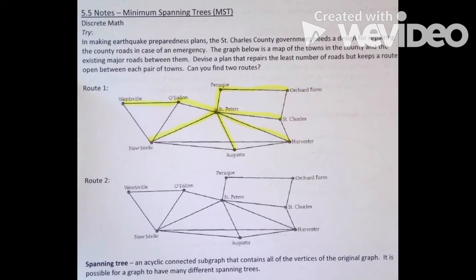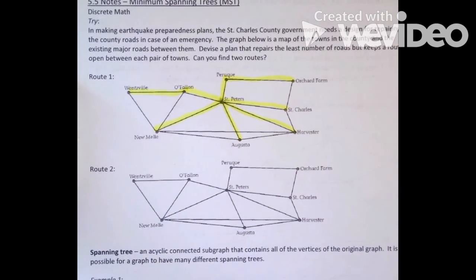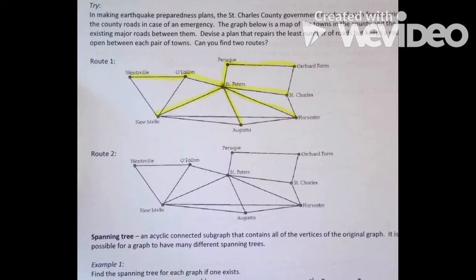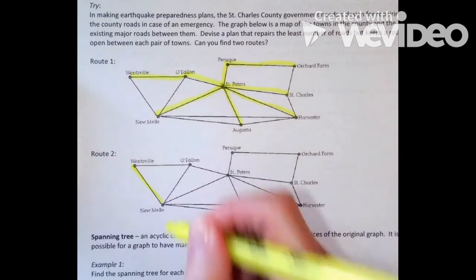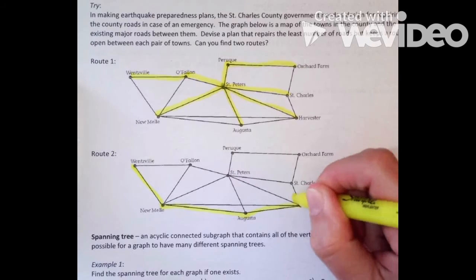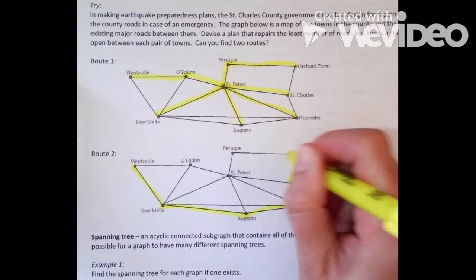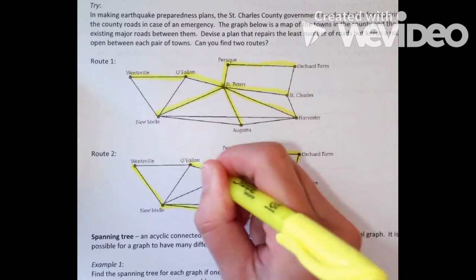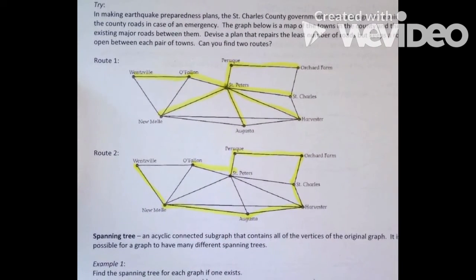Alright, this is one of the examples. This is Route 1. There are others. Alright, here's another one.